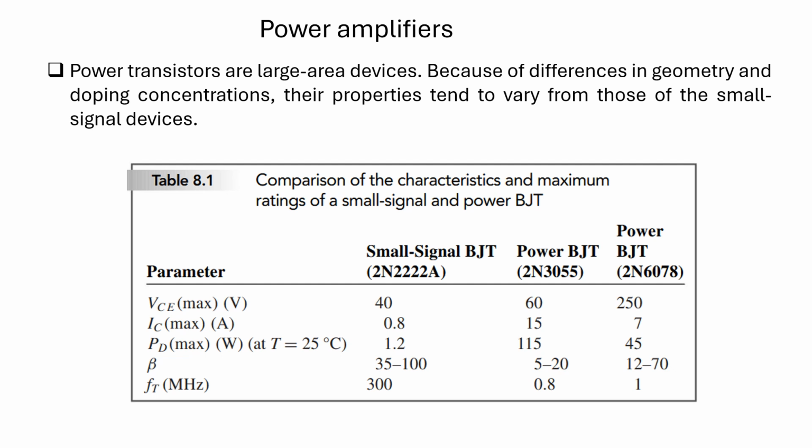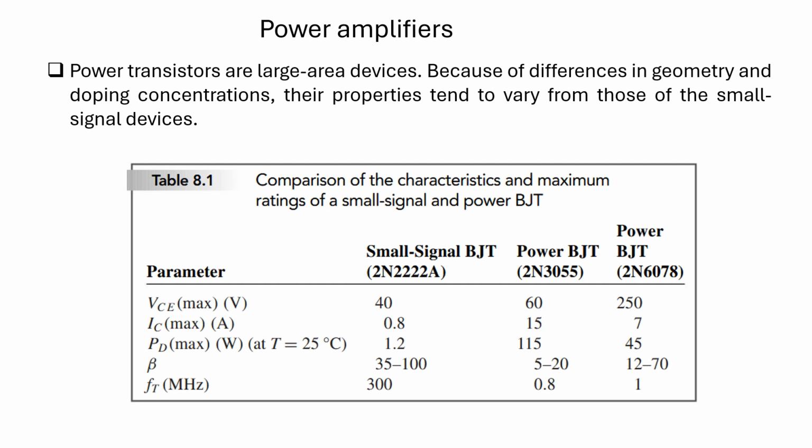But here we are going to use higher voltage and higher current. That is why the power will be higher, since power can be calculated as V into I. That is why the amplifier is specified as a power amplifier.